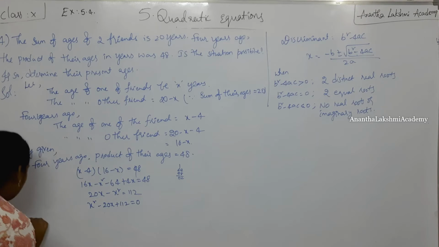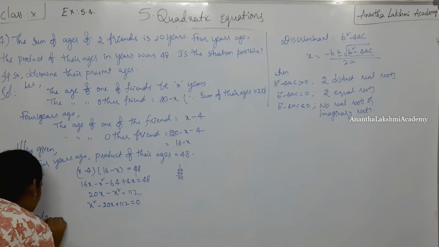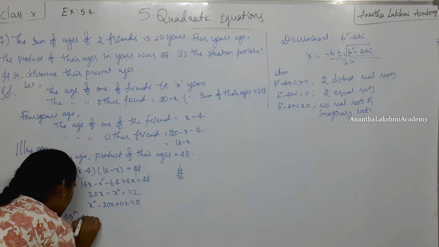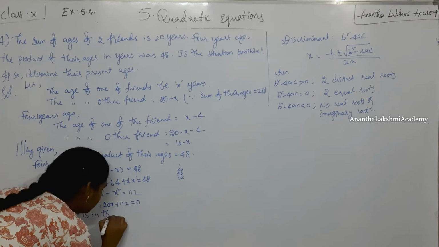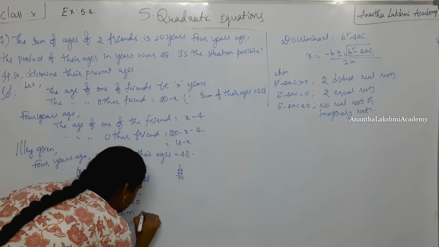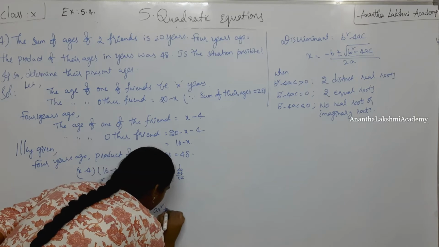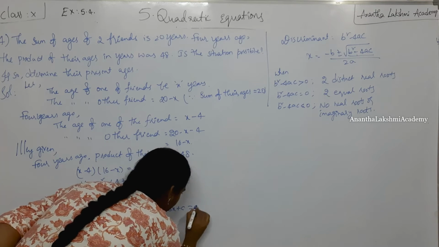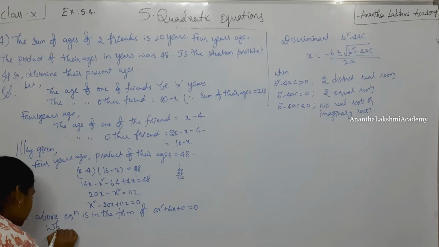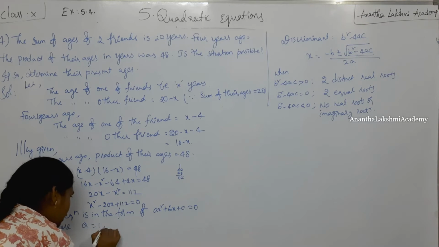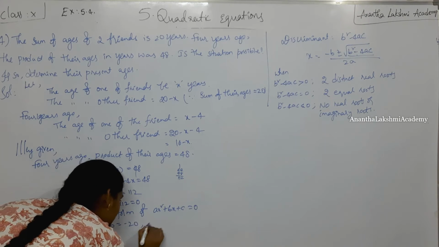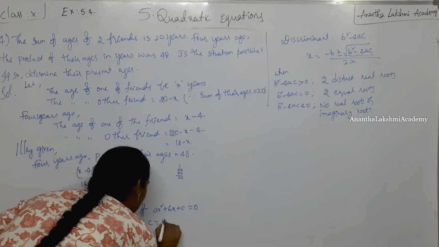So here the above equation is in the form ax square plus bx plus c is equal to 0, where a equal to 1, b equal to minus 20 and c is equal to 112.